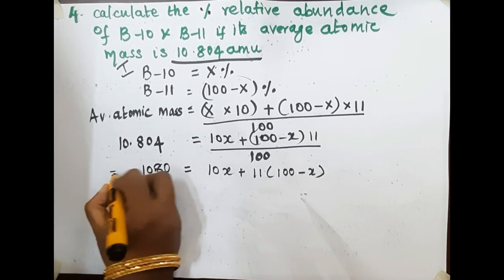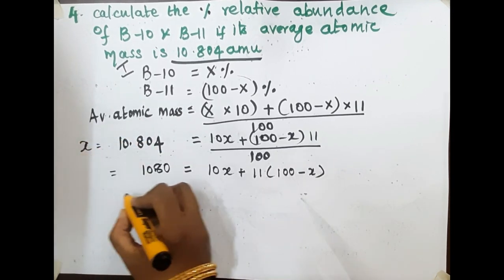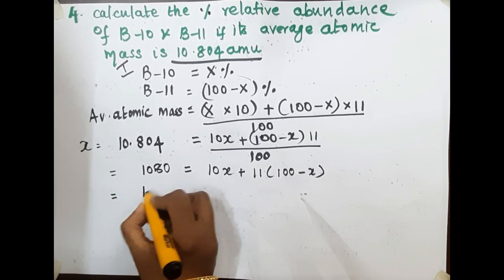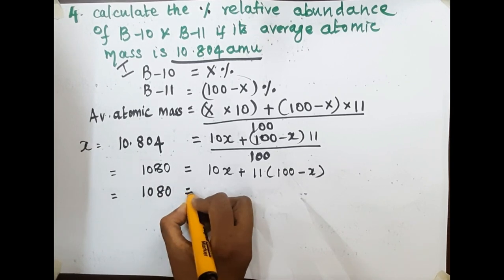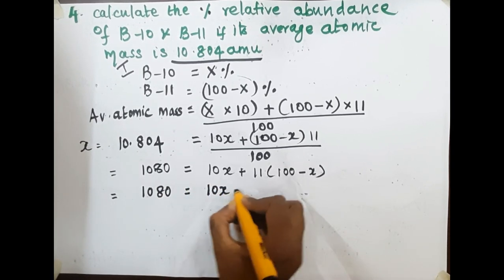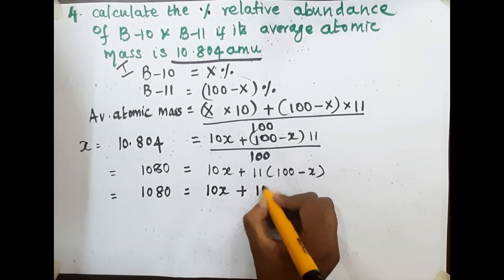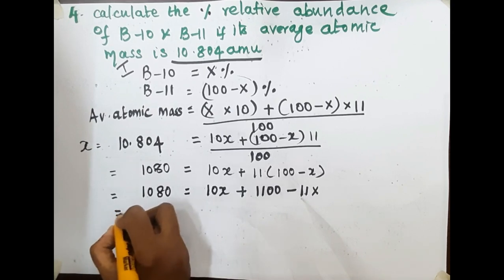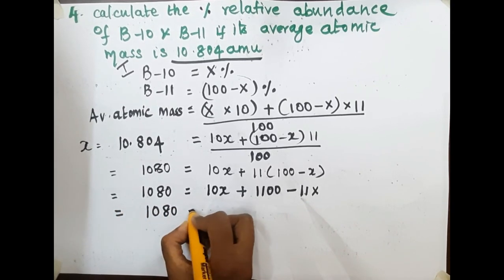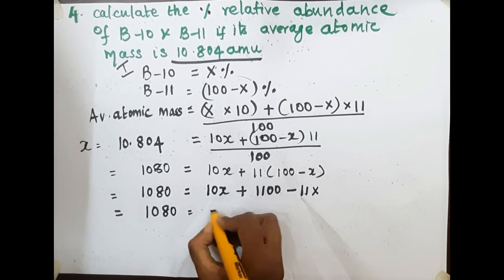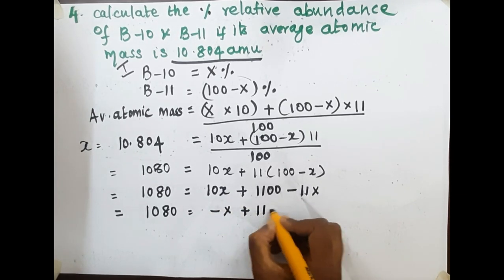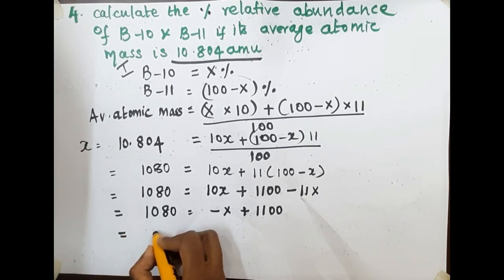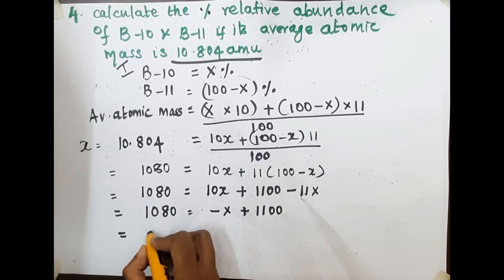Now listen here, children. We are finding out the value of X. 1080 is equal to 10x plus, multiplying this, 1100 minus 11x. 10 minus 11 is minus x, plus 1100. Now listen, we will bring the x here.